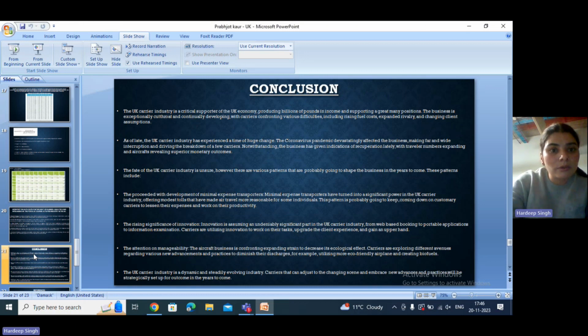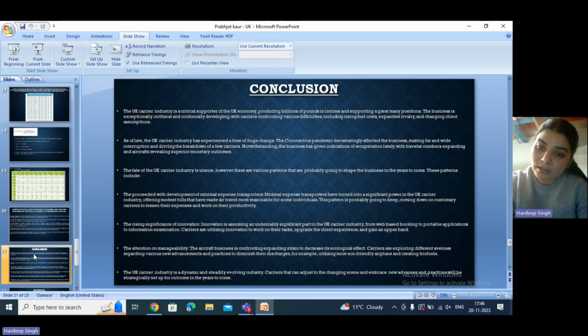So there is a conclusion. The UK carrier industry is a critical supporter of the UK economy, producing billions of pounds in income and supporting the government. The second one, of late, the UK carrier industry has experienced huge change because of the different climate changes and all that. The future of the UK industry is insecure. However, all the things are privatizing, and because of the coronavirus, it has an impact on the people and employment. Many companies are privatized. They proceed with the development of minimum expensive transportation. Minimum expensive transportation has become significant.